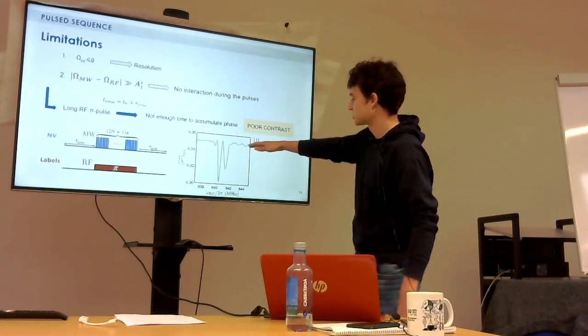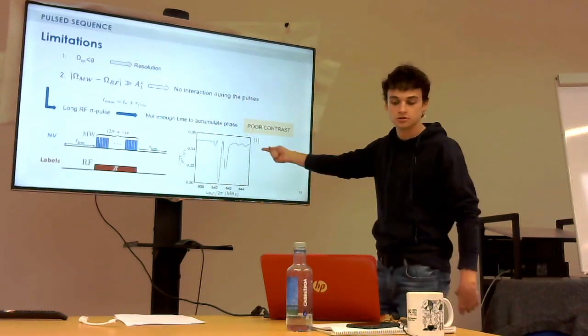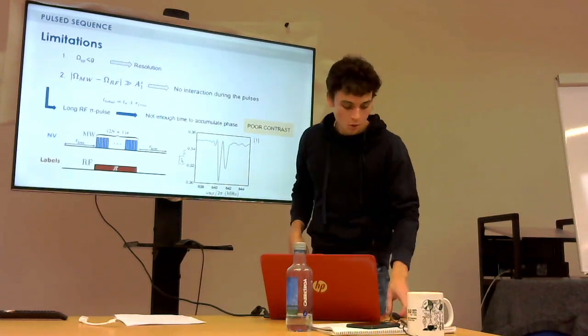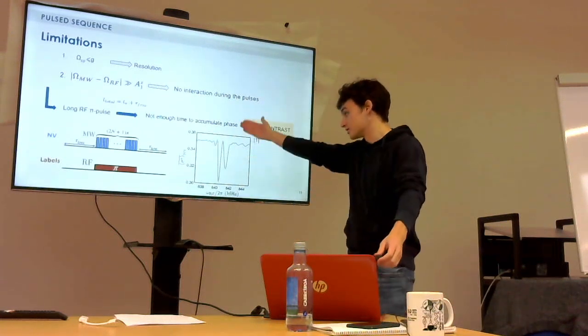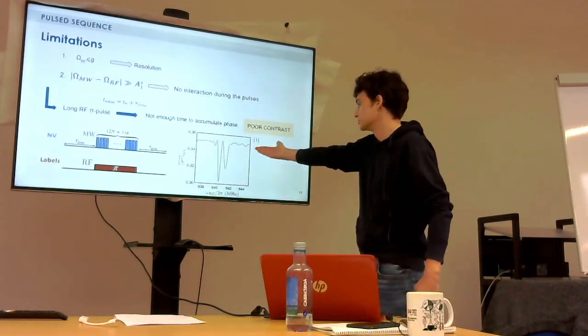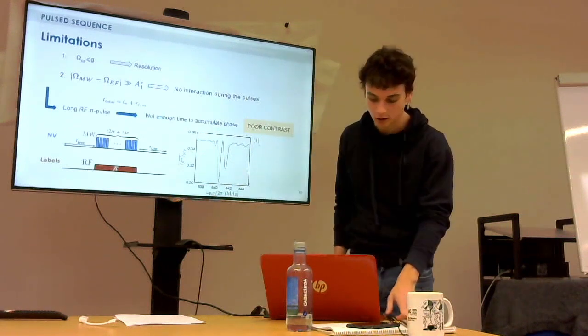Now this plot right here, apart from this, includes the coherence, while in the other one that I showed you, we didn't, but we see that including the coherence, the contrast is really, really poor. Almost nothing happens. So this is one of the problems of this method.